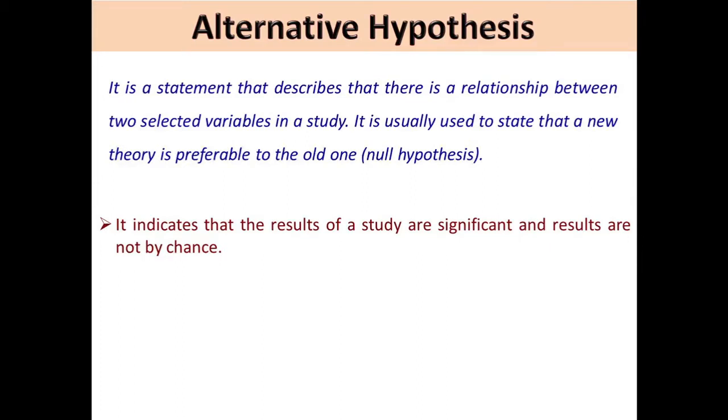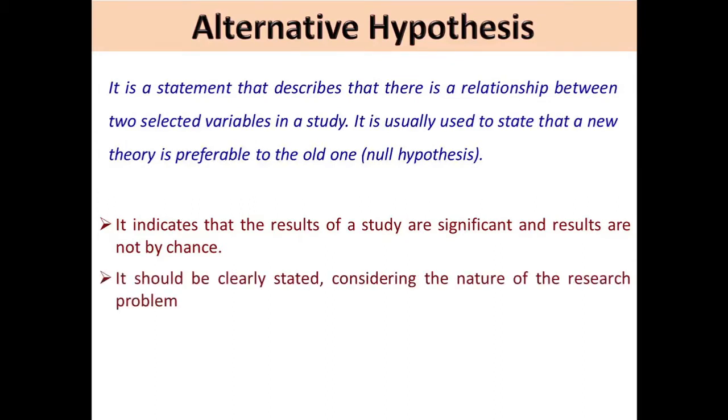For example, if a study is to compare method A with method B about their relationship, and we assume that method A is superior or method B is inferior, then such a statement is termed as an alternative hypothesis.